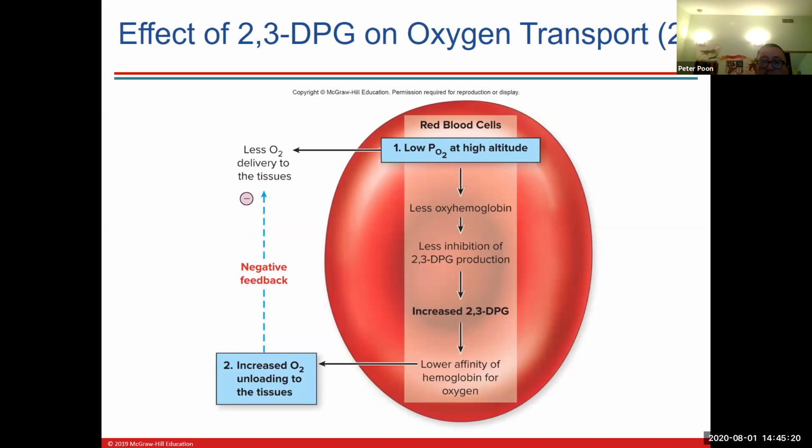So if you don't have enough oxyhemoglobin, you get increased 2,3-DPG, and that causes you to release. That means you're not getting enough air, but you need to get rid of the oxygen that you have to your tissues so they can get enough.